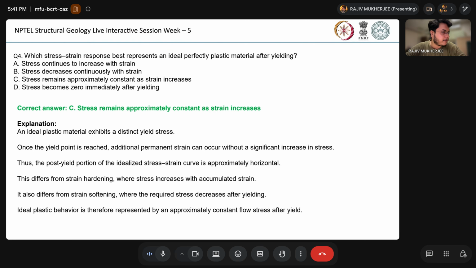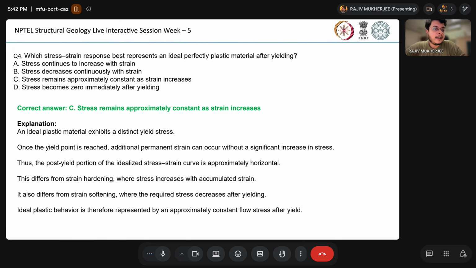For any material which shares a strain hardening component within its stress strain curve, the ultimate flow stress where the deformation is stopped would likely be greater than the yield strength of the material.